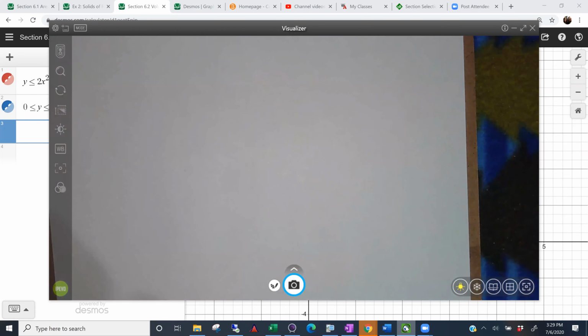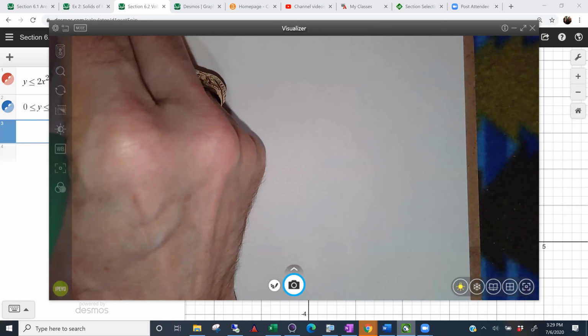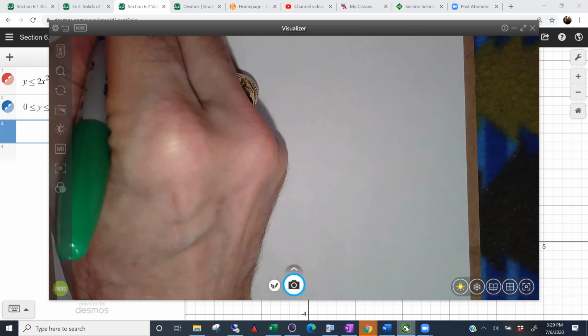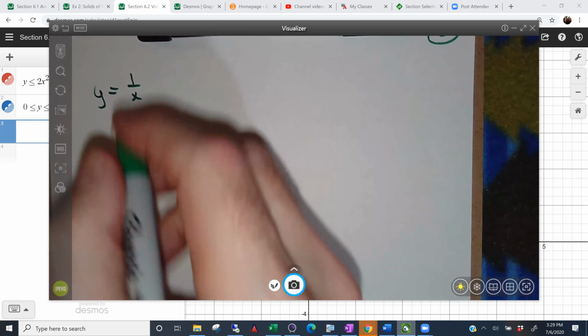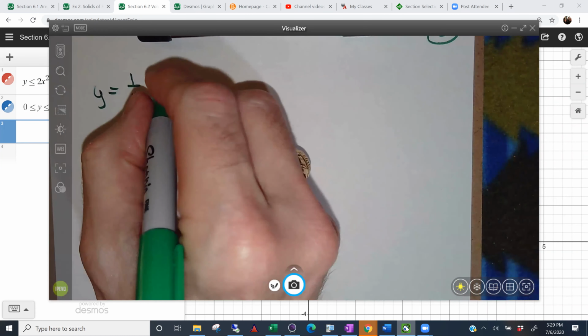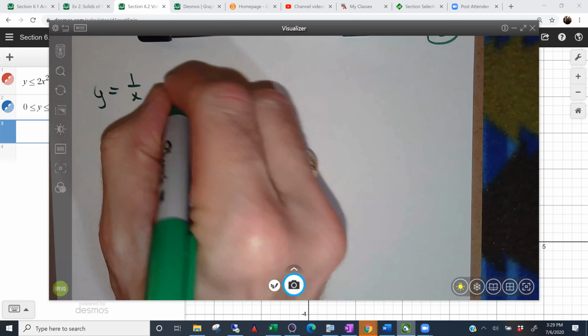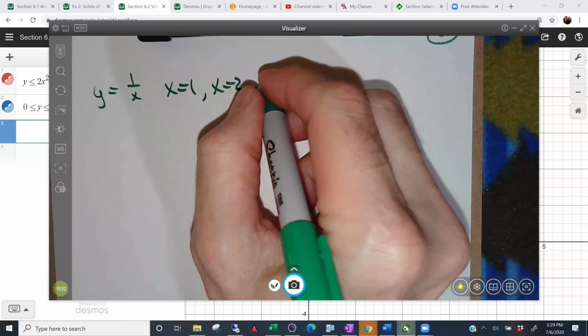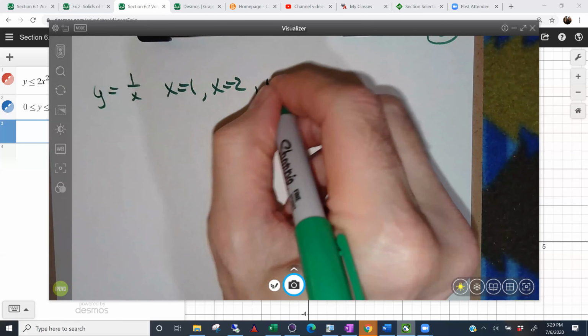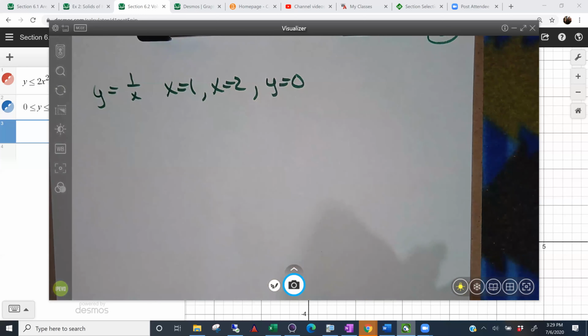Let's take a look at this function. Y equals 1 over x between x equals 1 and x equals 2, and the y-axis, so like that.